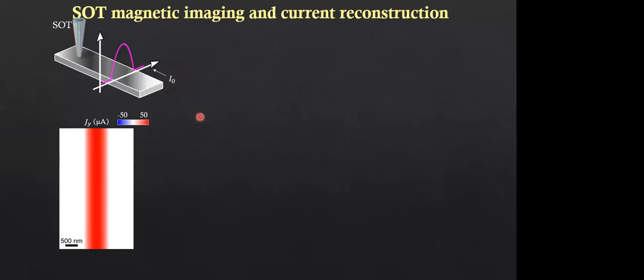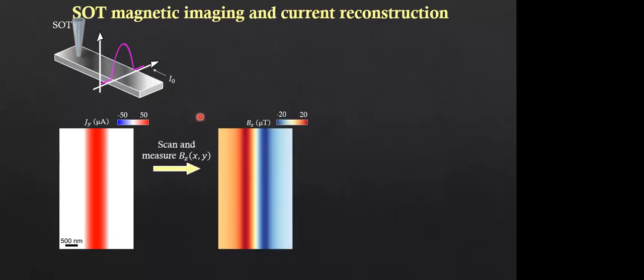The current is going from bottom to top because of this current I0. So we raster our scanning SQUID on top of this channel, and what we measure is Bz, the magnetic field, as a function of x and y, in units of microtesla. Red means the magnetic field is pointing out of the screen, blue means it is pointing into the screen.